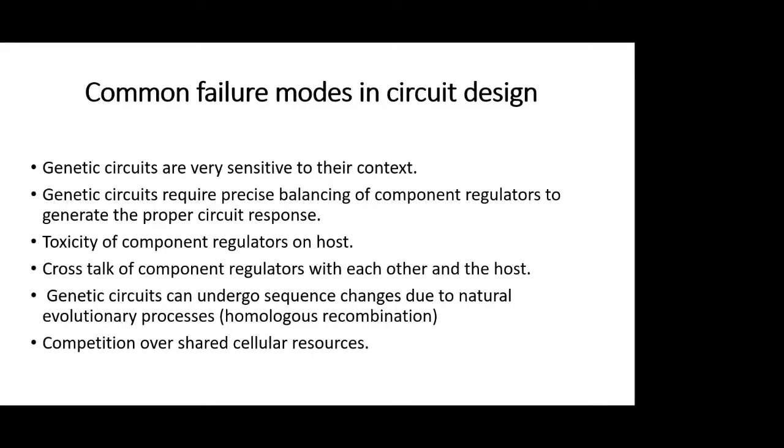And also there is another common mode of failure in genetic circuit design, which is competition over shared cellular resources. For example, your genetic circuit uses native cellular machinery for the expression of its own regulators.